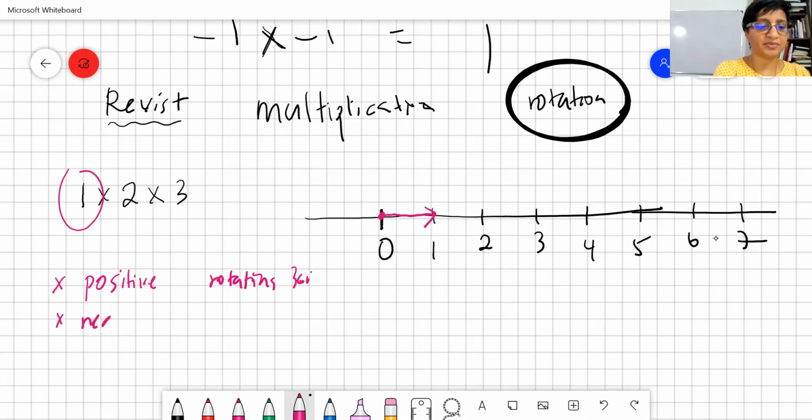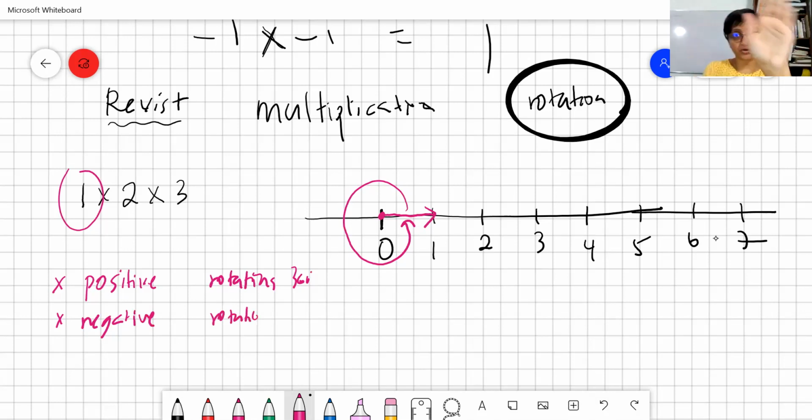Multiplying by a negative number is rotating by how much? Because if you rotate 360, you end up right where you are. Multiplying by a negative number is rotating on this plane. I didn't tell you that: your arrow is rotating on the plane.